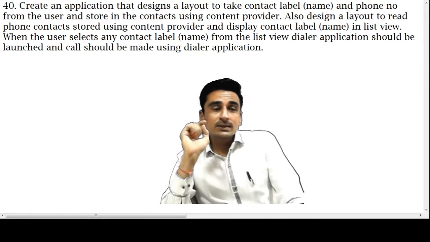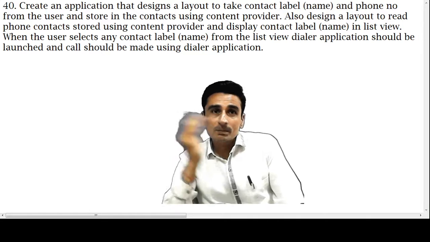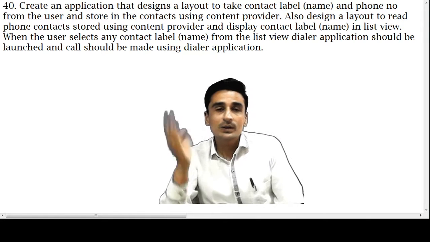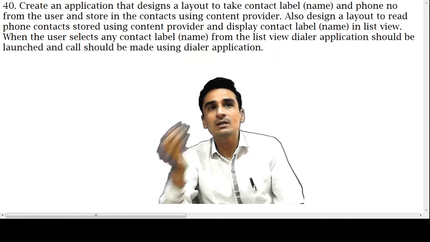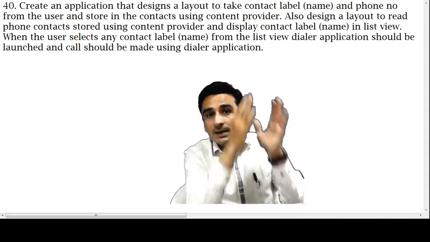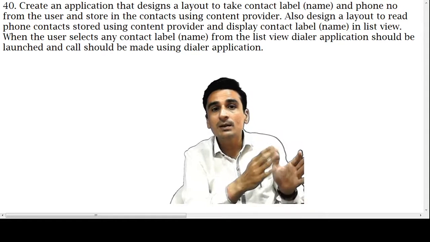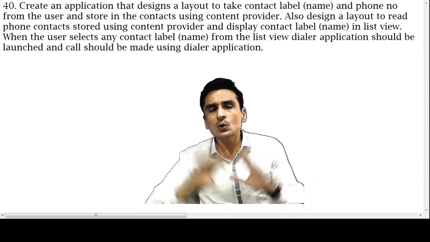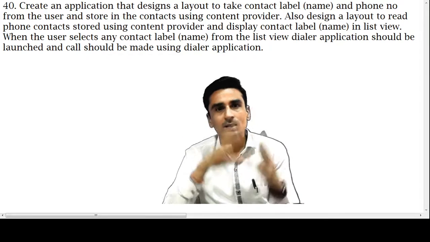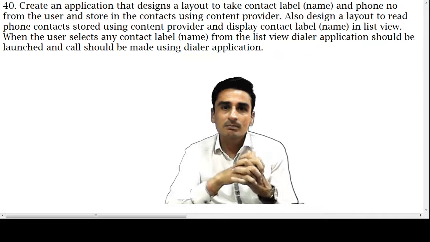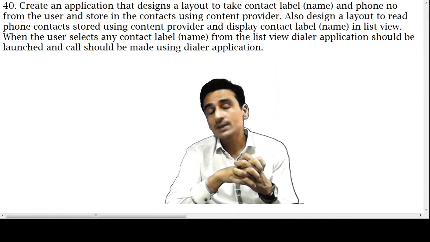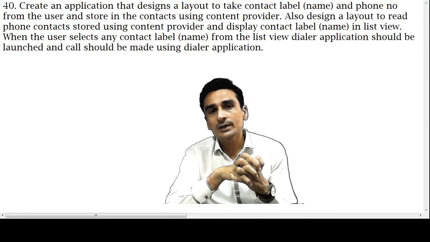Yet simple but complex, because there are different tables, as I discussed with you in the previous video, in which contact data are distributed. Display name of the contact is in one table and the phone numbers are in another table, so a bit of complexity is there, but it is still easy to implement. Not a very big task, but you should have a good hand on this logic, and you should practice for that.